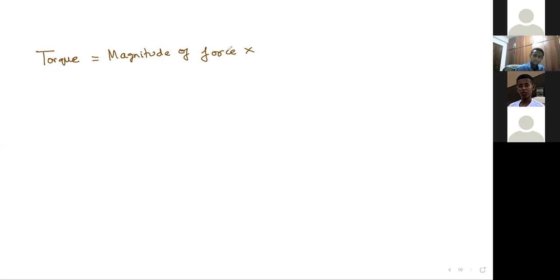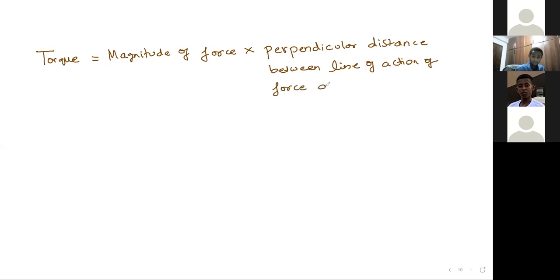So torque is equal to the magnitude of force multiplied by, now this is very important, the perpendicular distance between the line of action of force and the pivot point.